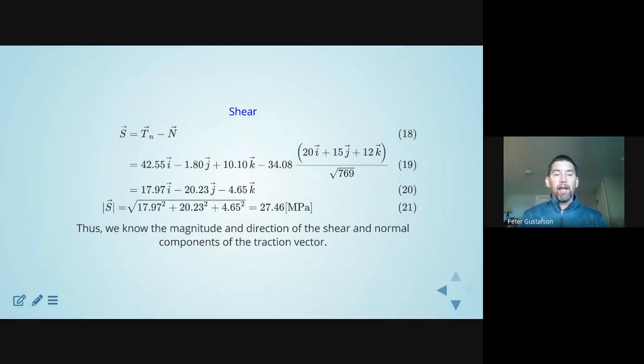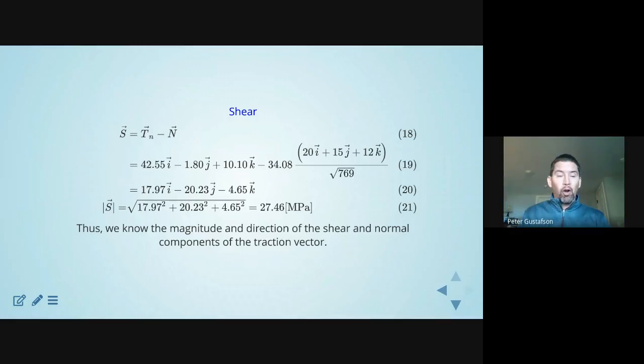So Tn minus n is going to be equal to S. We can express Tn as 42.55i minus 1.80j plus 10.10k, minus the normal vector, which is now written in somewhat long form here. And from that, we can compute S itself: 17.97i minus 20.23j minus 4.65k.